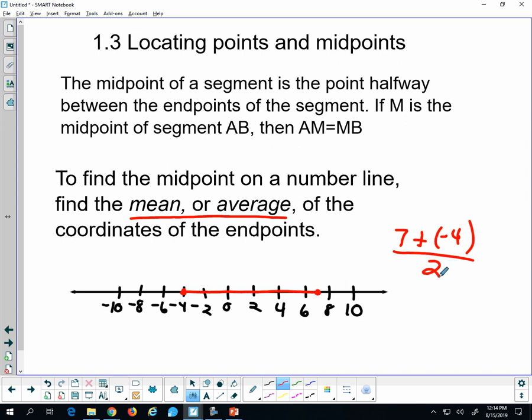So to get the average or the mean of those 2 numbers, we have to divide by 2. So if we calculate this, 7 plus -4 is a -3 divided by 2. And we end up with a midpoint or a mean of a -1.5.